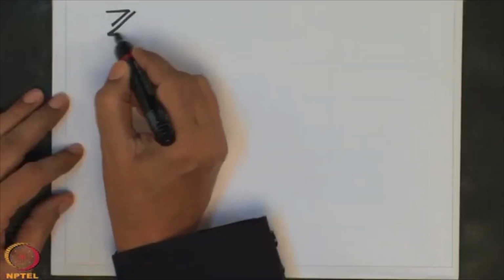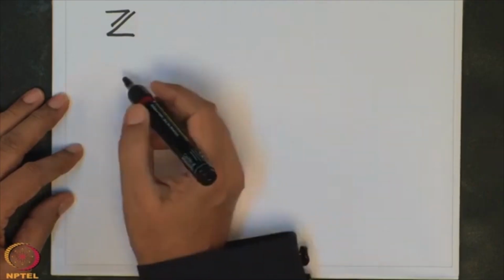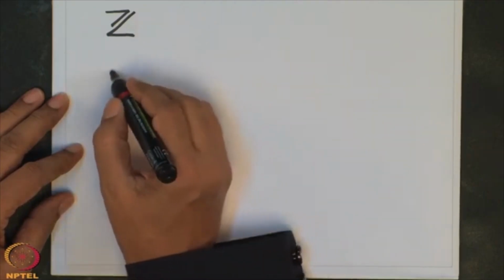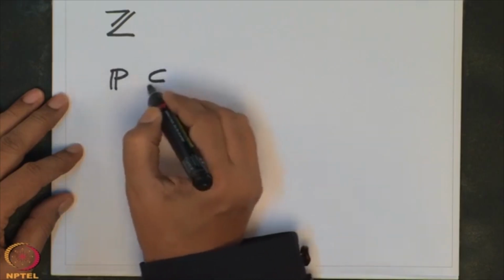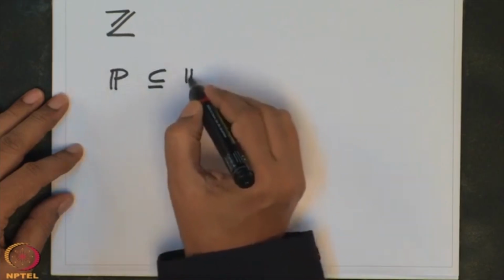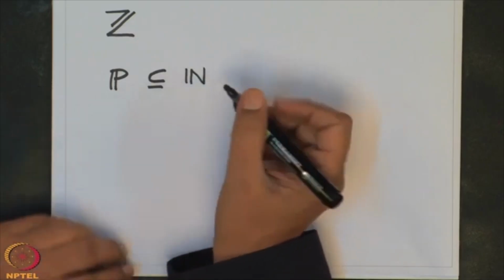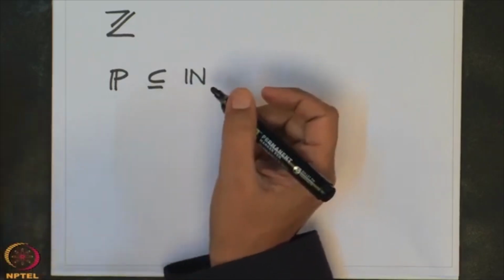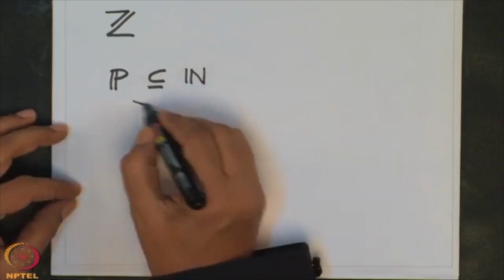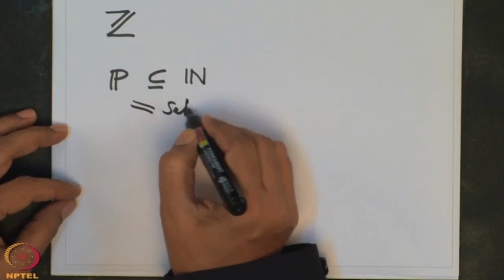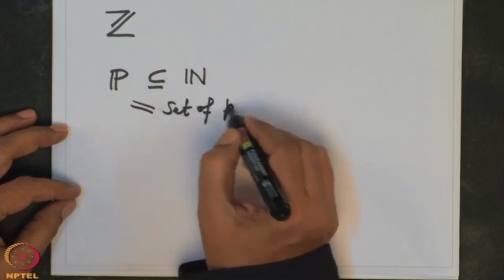Okay, so now the most important thing that we have been using in our school days, I want to recall a couple of things about that. For example, in the ring of integers, I have defined what the prime numbers are. P is the set of prime numbers, and we are considering it as a subset of N. That simply means that when we say prime number, by definition we assume they are positive.